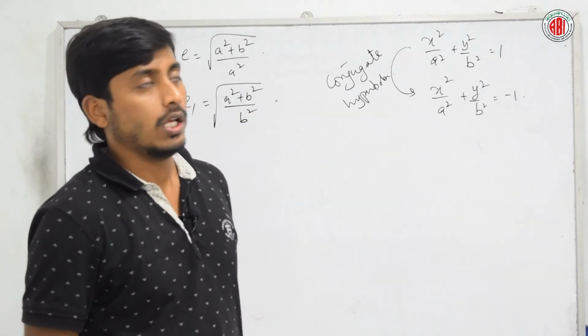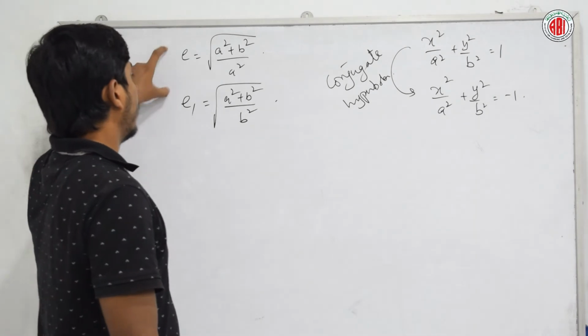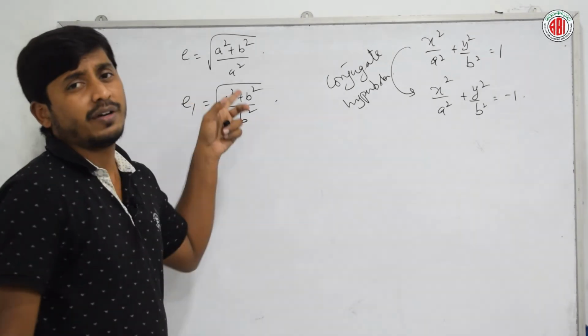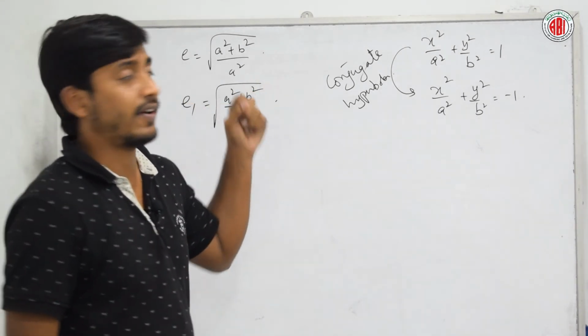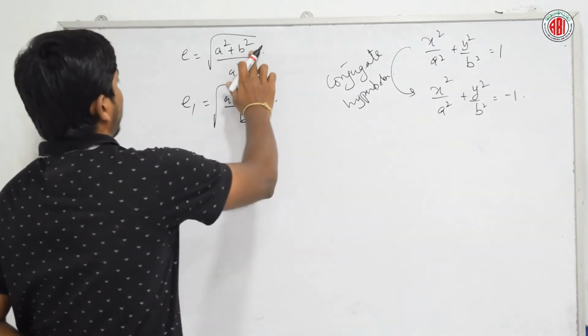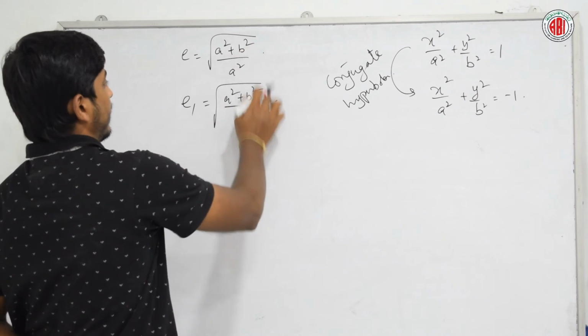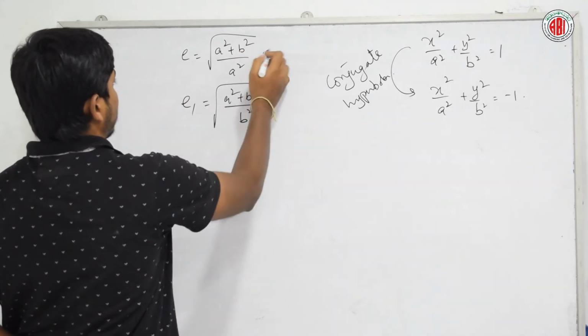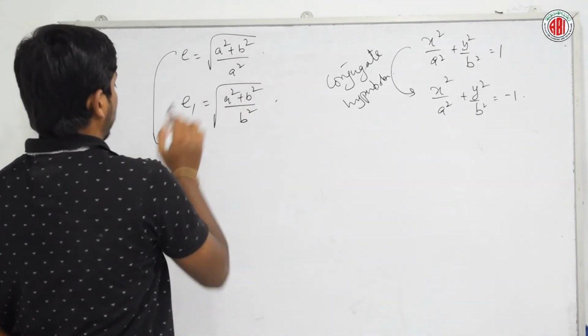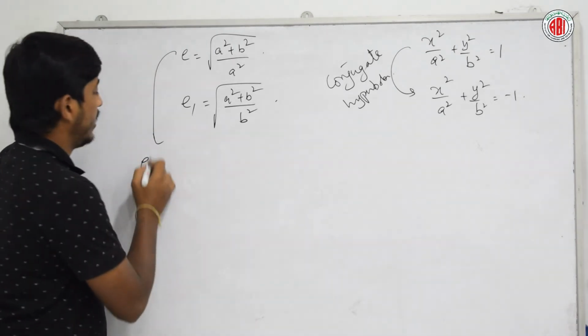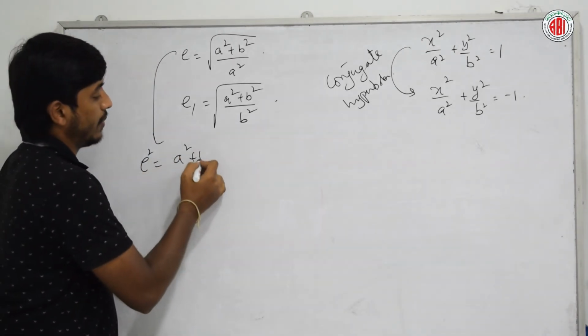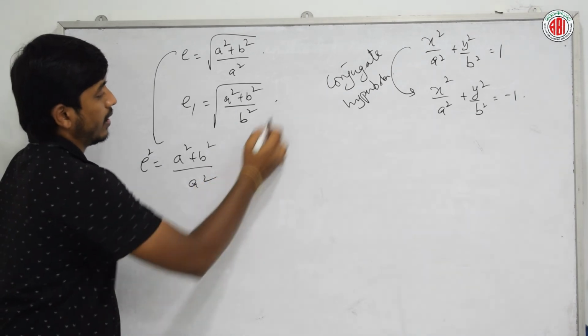Is it okay? So let us find the relationship between these both. What is the thing we know here? a square plus b square is common here. So let us square it on both sides. For the first one, what do we get? e square is equal to a square plus b square by a square.